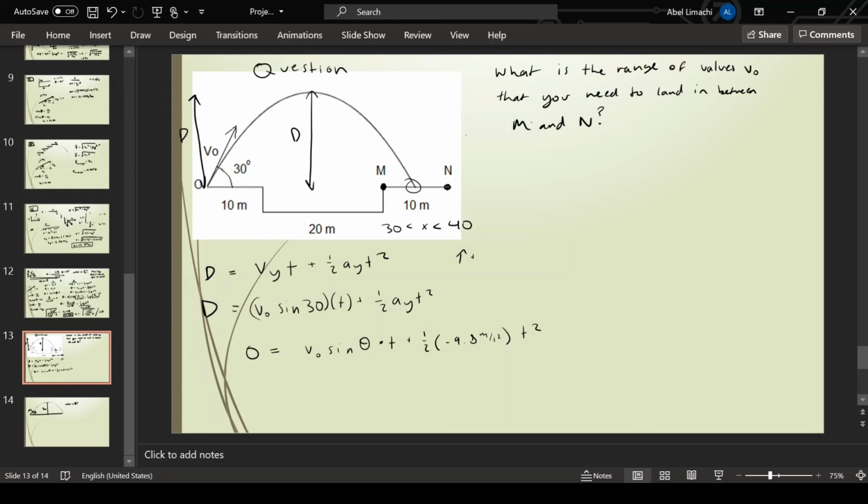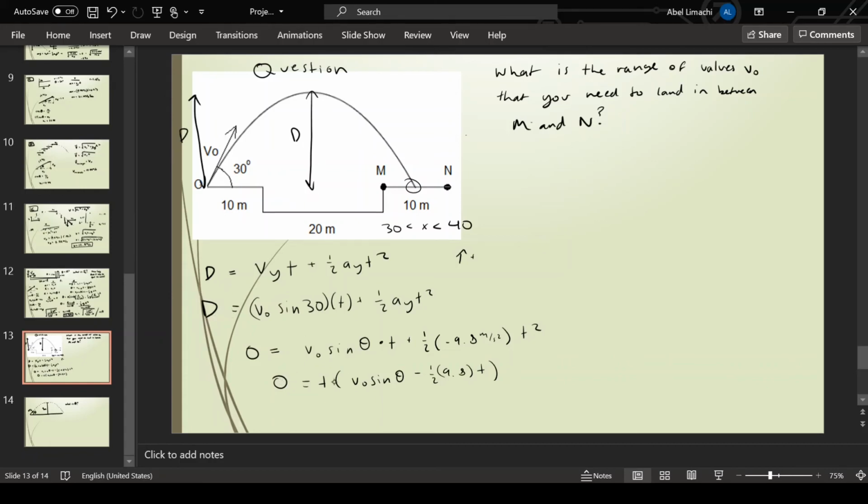Okay. If we factor out a T, we get V0 sine theta minus 1/2 9.8 T equals 0. By looking at it like that, we can figure out what exactly these T's are for whenever the distance traveled is 0.